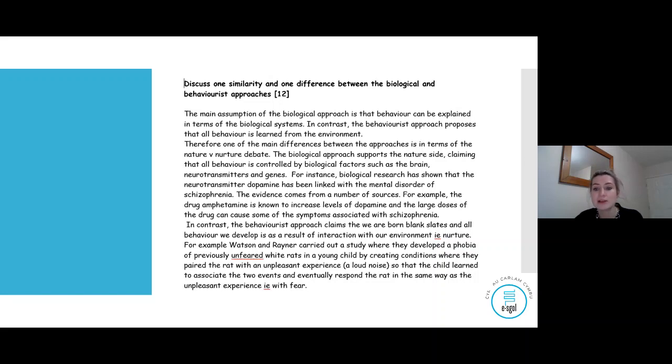For instance, biological research has shown that the neurotransmitter dopamine has been linked with the mental disorder of schizophrenia. The evidence comes from a number of sources. For example, the drug amphetamine is known to increase levels of dopamine, and large doses of the drug can cause some symptoms associated with schizophrenia. Lovely bit of evidence there.